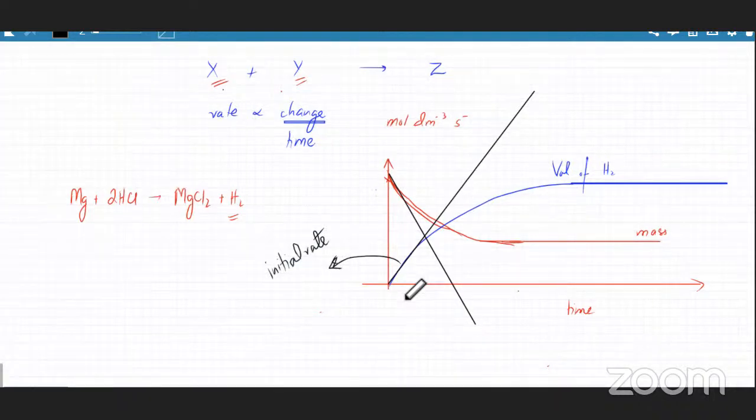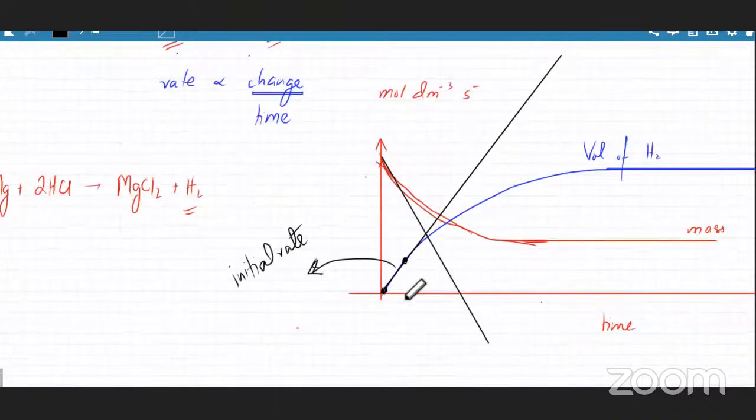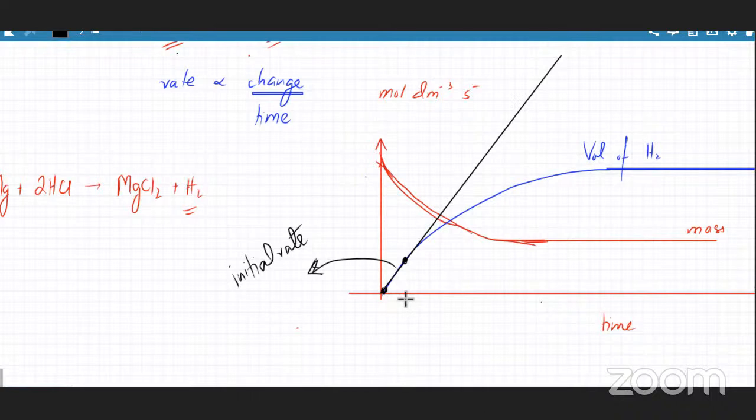The way to do that is just make 2 points very close to each other right at the start and place a line over there. That's how you're going to draw gradients. Gradients can vary a lot, especially initially. It's very hard to make a tangent at the end of a line. For example, this could be the gradient, or maybe this could be a gradient, so it could vary a lot.